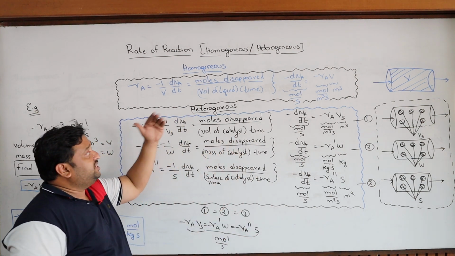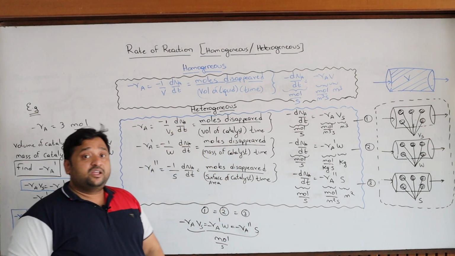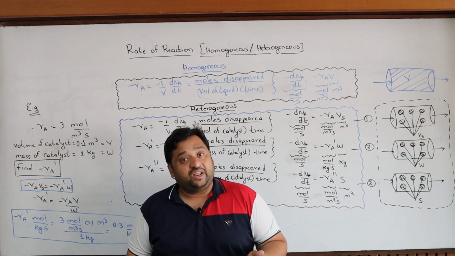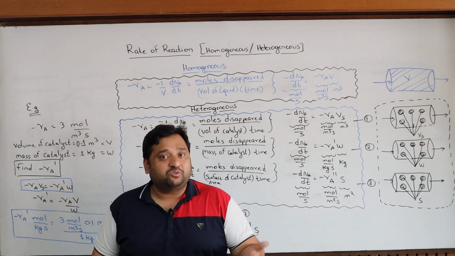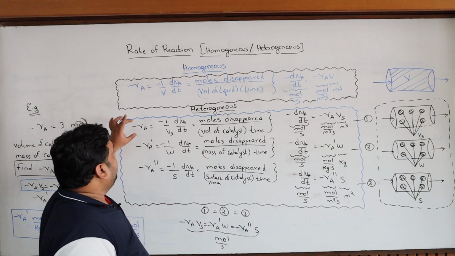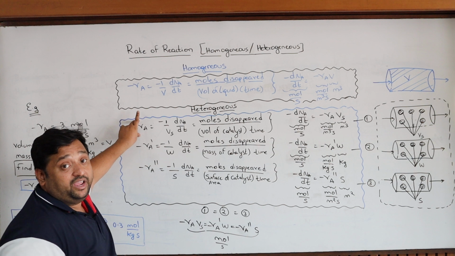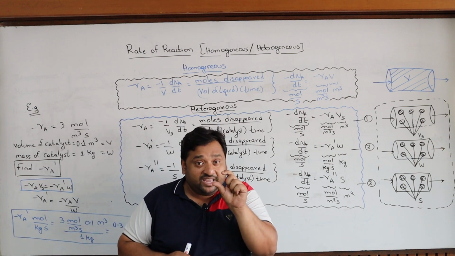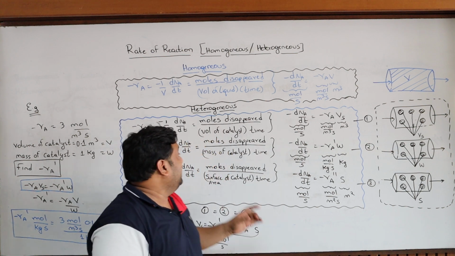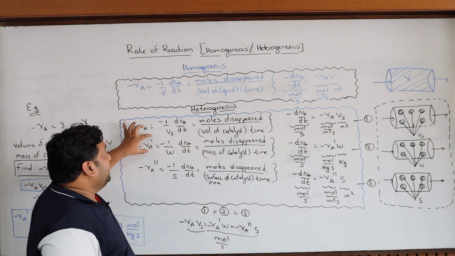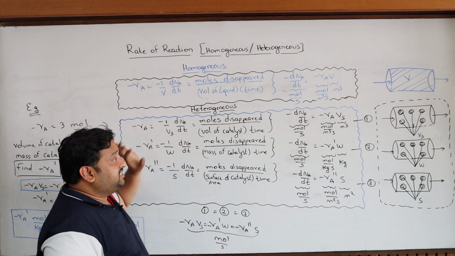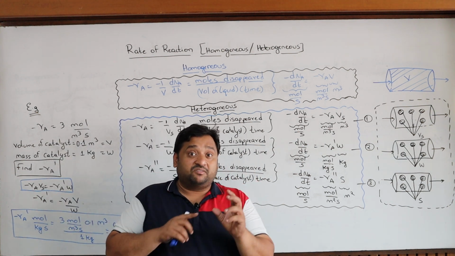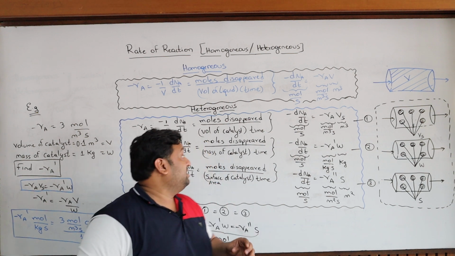In the case of heterogeneous systems, there is more than one definition for the representation of the rate of reaction. What are those definitions? One is Ra, which talks about the rate with respect to the volume of the catalyst inside the reactor, and the second rate is Ra dash. This Ra dash talks about the rate with respect to the mass of the catalyst inside the reactor.